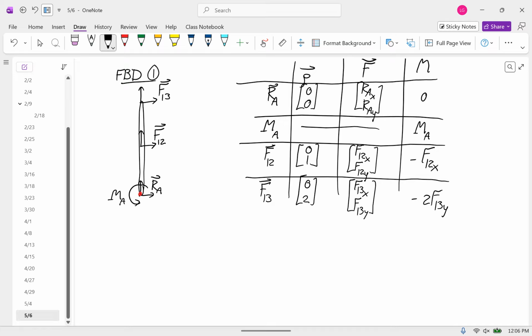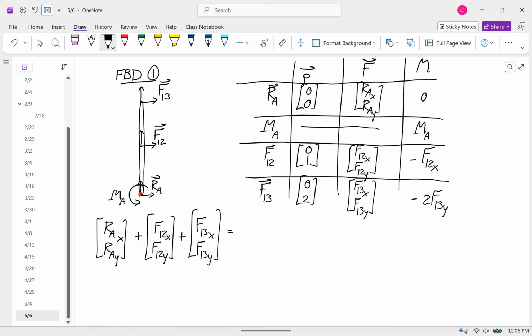I'll write all these steps out. So RAX, RAY plus F12X, F12Y plus F13X, F13Y is equal to zeros.